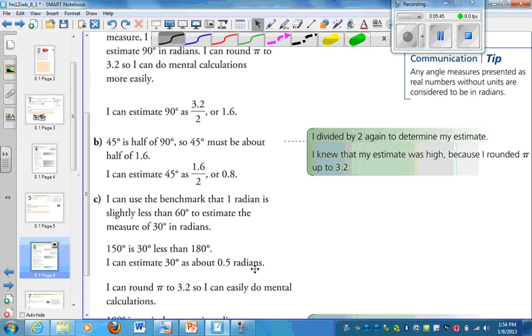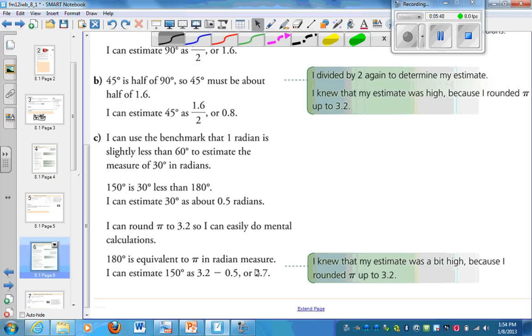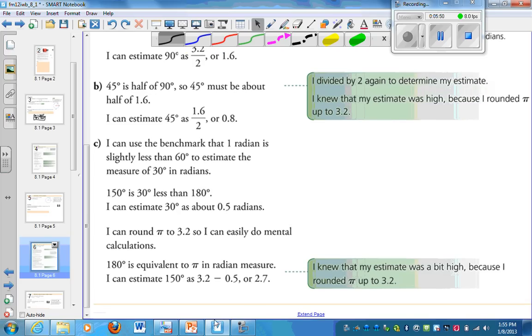So I have 3.2 minus 0.5 to get 2.7. Okay? So that was estimating.